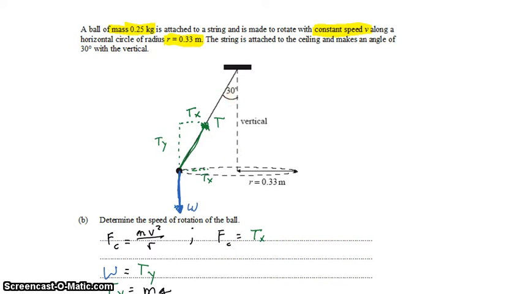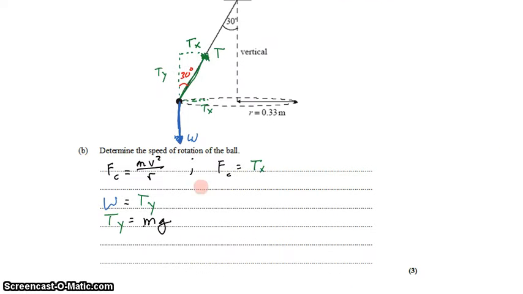If this is a 30-degree angle, then so is this, which means that Ty and Tx are related through tangent. The tangent of 30 degrees is opposite over adjacent, and this allows me to relate Tx and Ty.